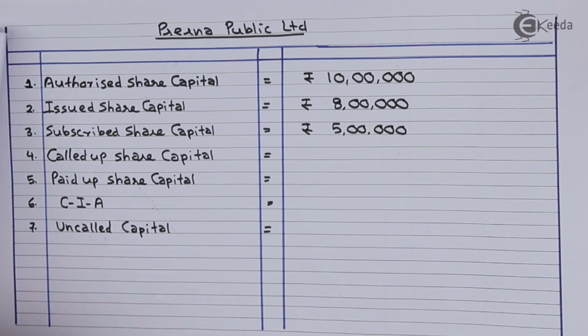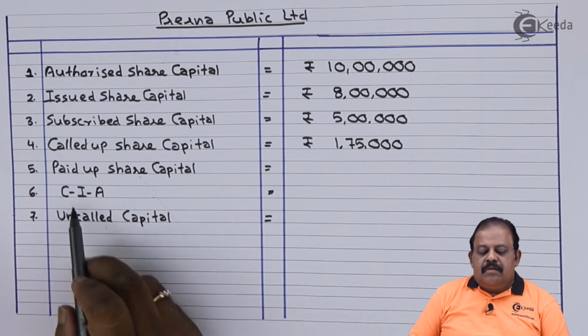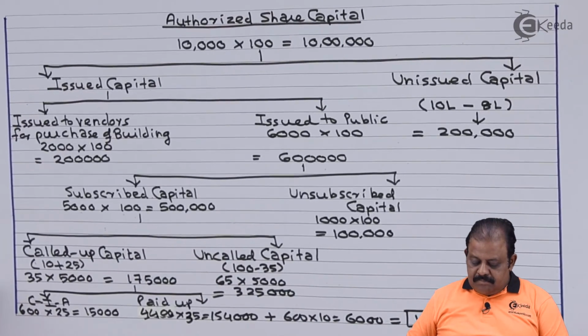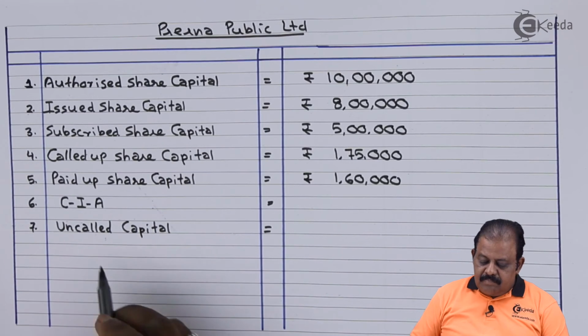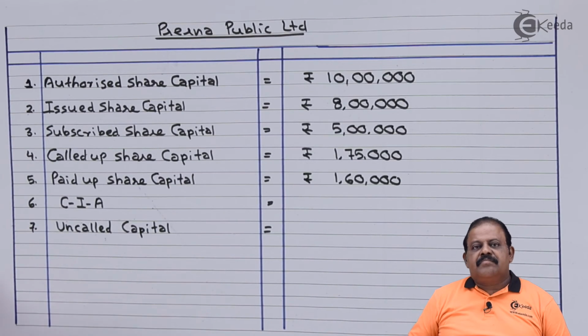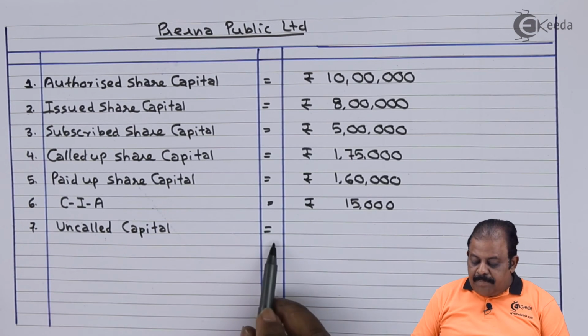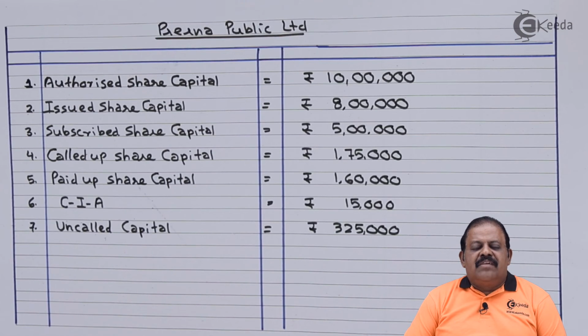Called up capital 1,75,000. Paid up share capital 1,60,000. Calls in arrears 15,000. Uncalled capital 3,25,000. With this, we have calculated all the values of capital as required in the question.